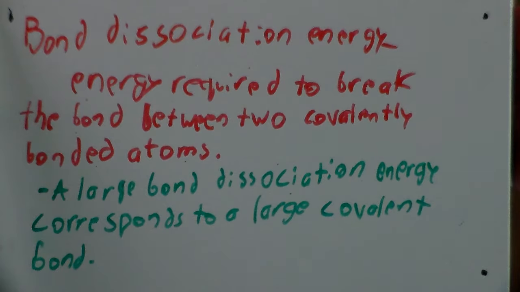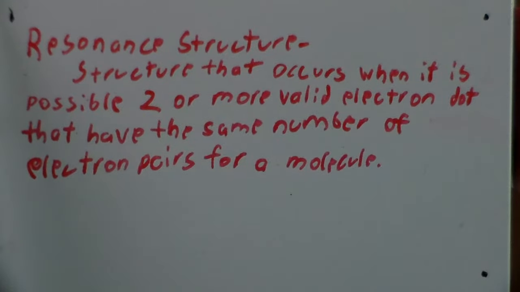A large bond dissociation energy corresponds to a strong covalent bond. A resonance structure occurs when it is possible to draw two or more valid electron dot configurations that have the same number of electron pairs for a molecule.